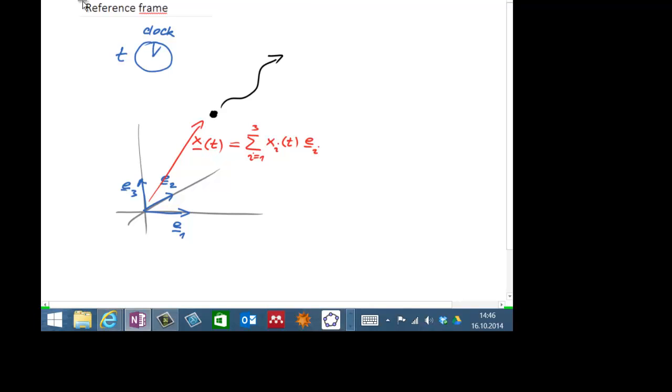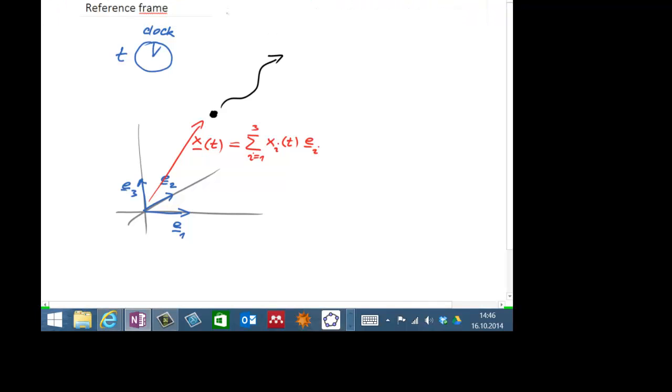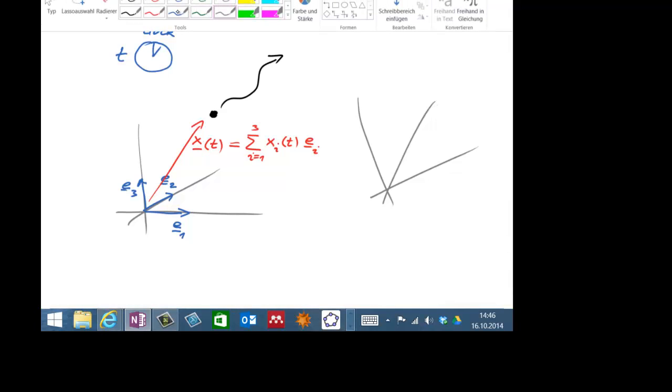Now imagine, that's all fine so far, but now imagine somebody else decides that it's more suitable to describe the system in a different reference frame. So a colleague of yours might say, you chose a bad coordinate system. I think this one is much better. And also your clock doesn't do any good.